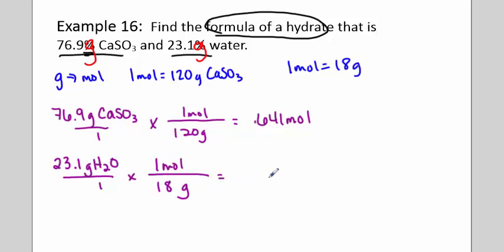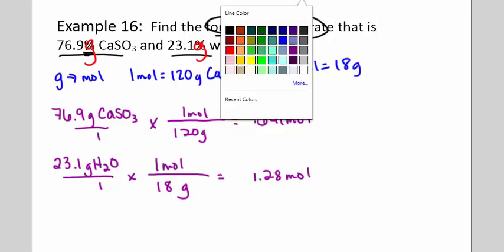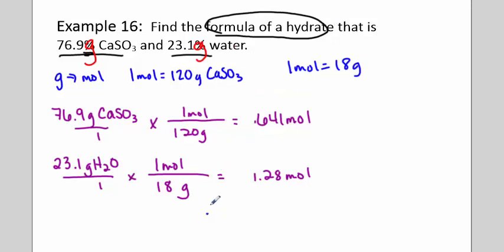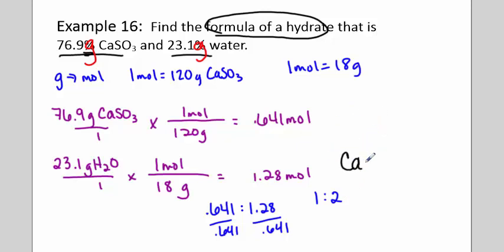We do this math and we get 1.28 moles. So we look at our ratio, 0.641 to 1.28. 0.641 is my smallest, so I divide by the smallest and I get a ratio of 1 to 2. It just worked out that both of those problems were 1 to 2. So my formula is CaSO3, don't forget the dot, 2H2O. So calcium sulfite dihydrate.